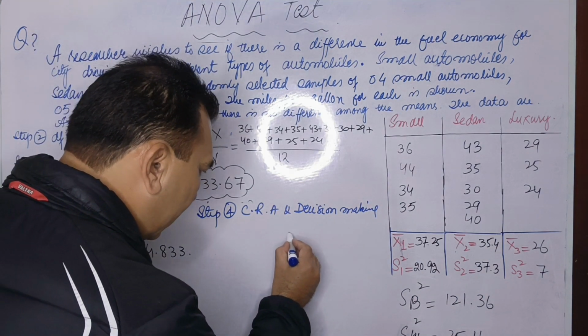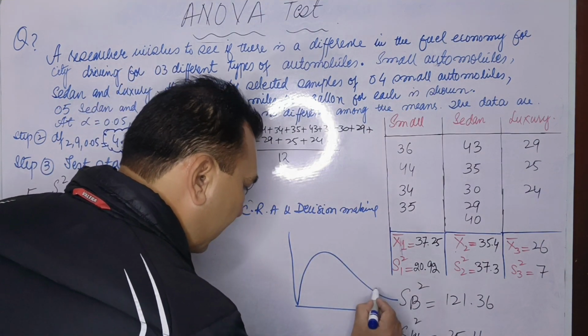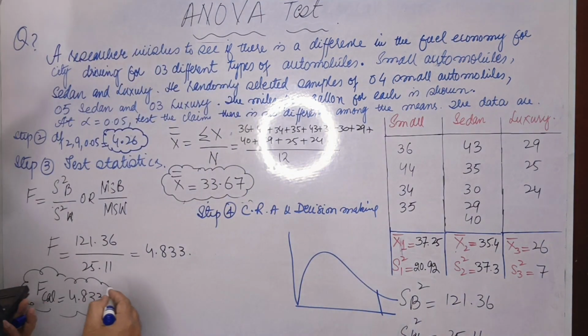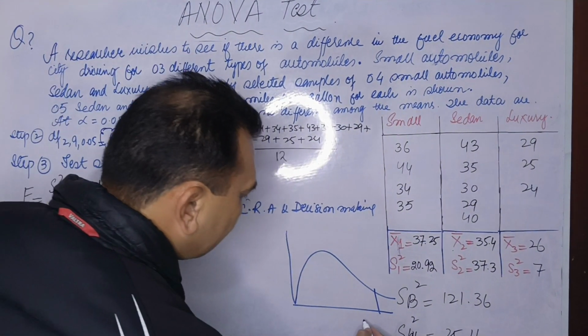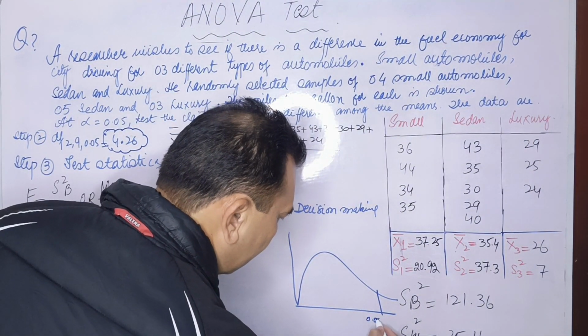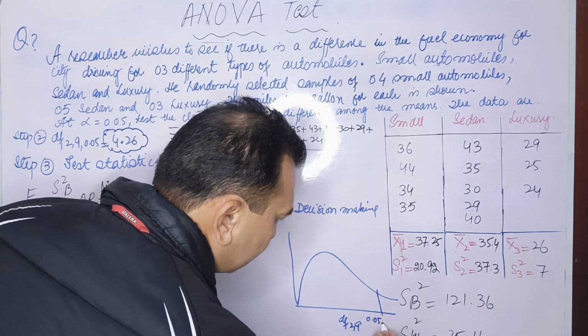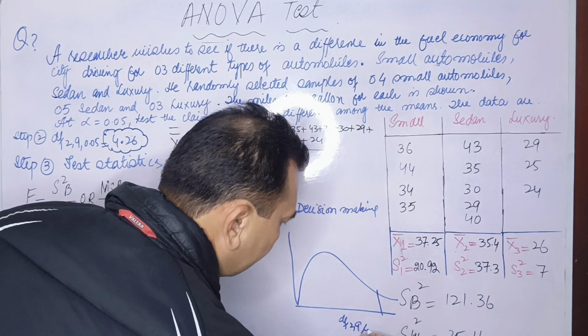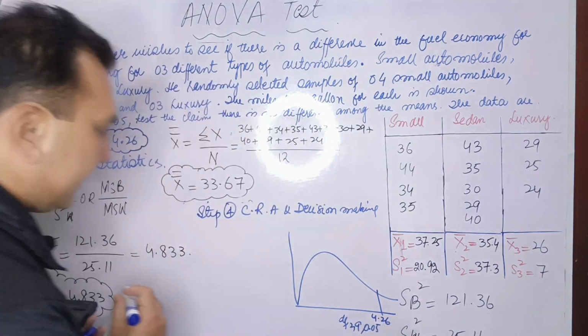For the decision making, what is the F tabulated value at the degrees of freedom of 2 and 9 at 0.05? It was 4.26.